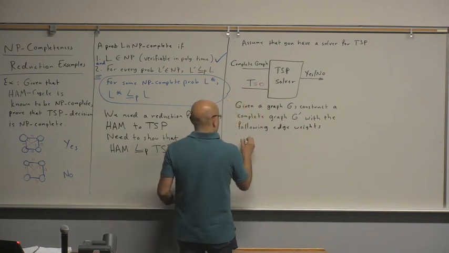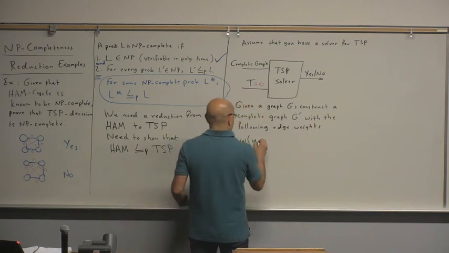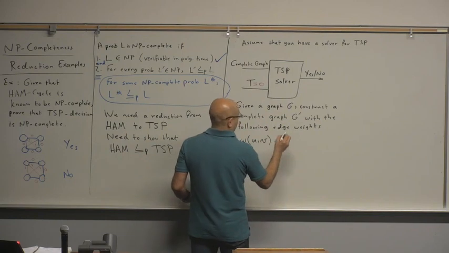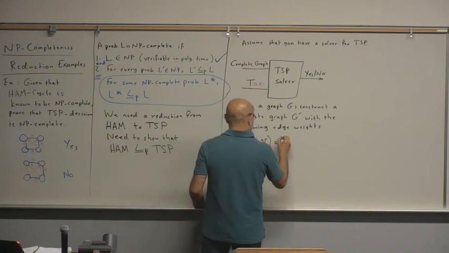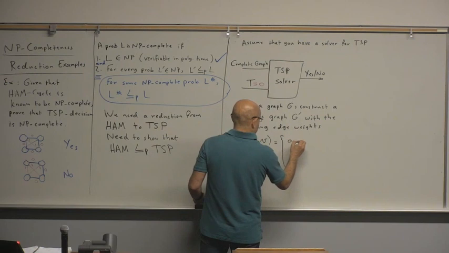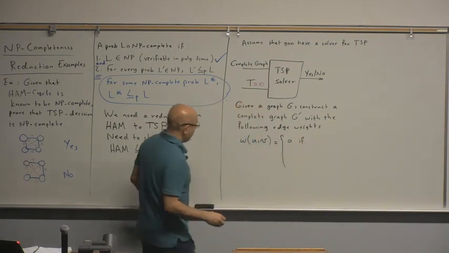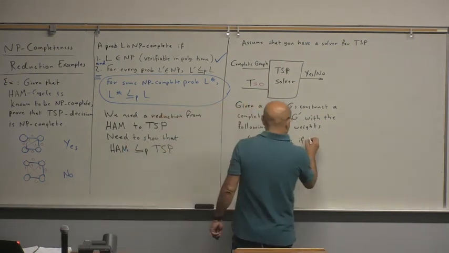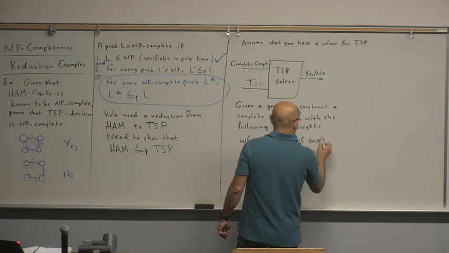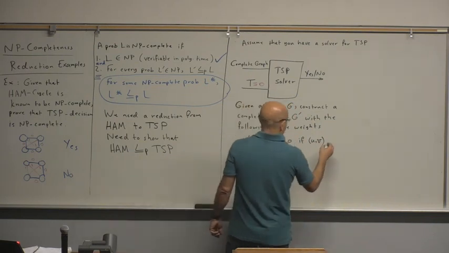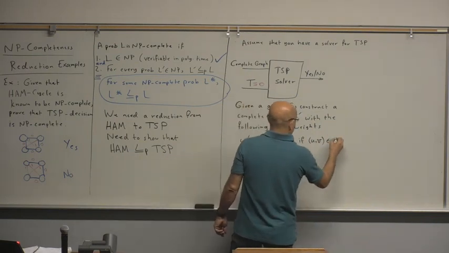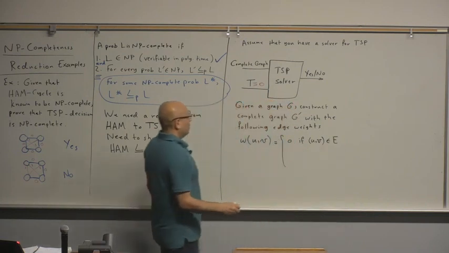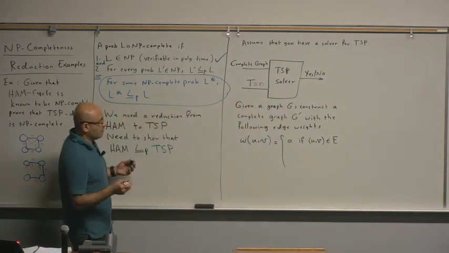So the weight of edge UV equals 0 if UV belongs to E, where E is the set of edges in the original graph.